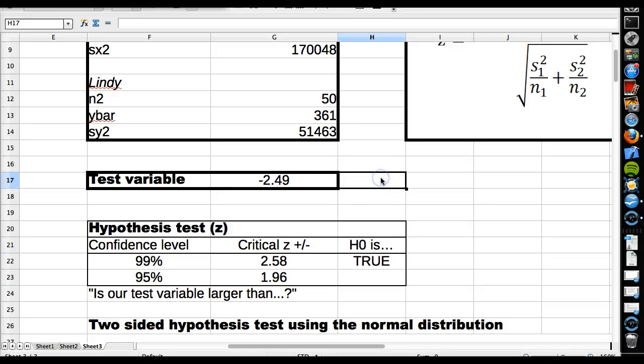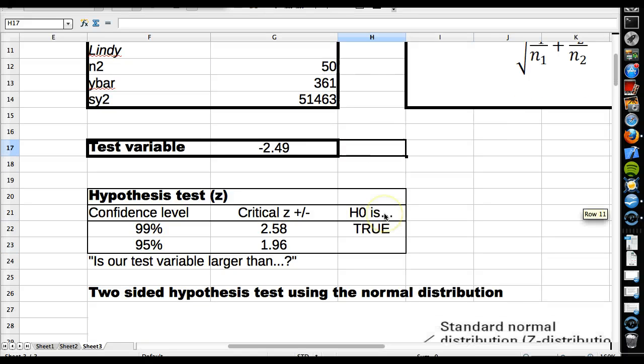Right. And that might seem like bad news, but then again, a 99% confidence level is a very high confidence level.